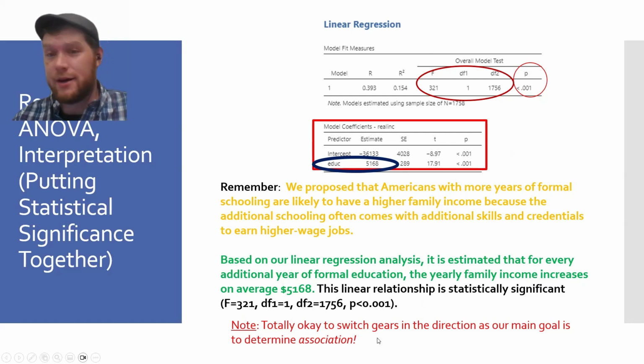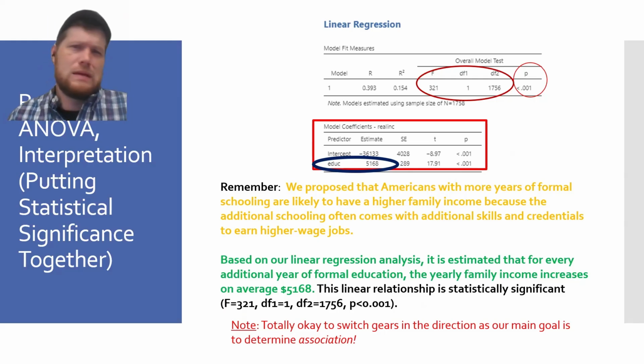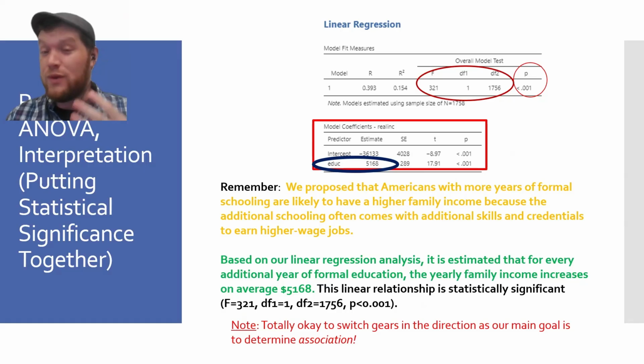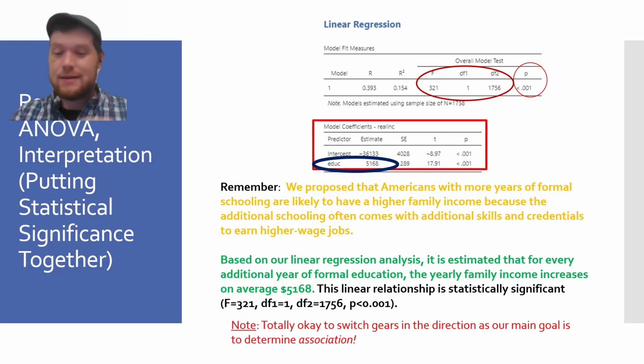It's okay to switch gears. Just like before, if I accidentally thought it was supposed to be increasing and I saw that it was decreasing for some reason, I'll just admit to it, because all we're really focused on is determining association. If we go in the other direction, we're still showing there's an association. It's just in the other direction.